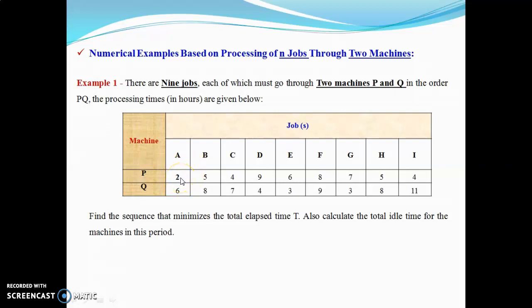This is the minimum processing time of the 2 machines, which corresponds to task A, with processing time 2 on machine P. This shows that task A will be processed first.